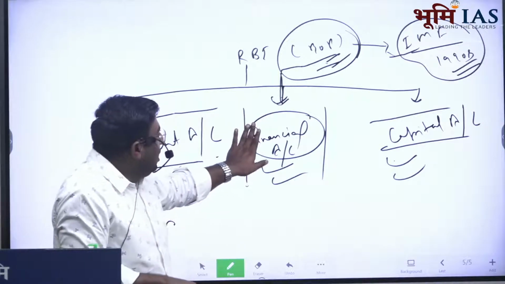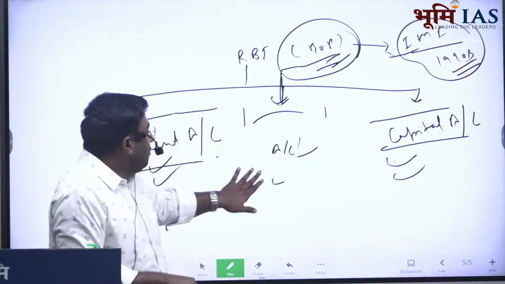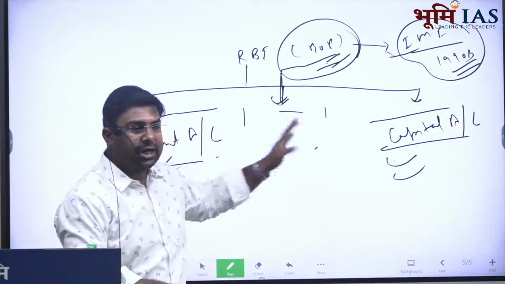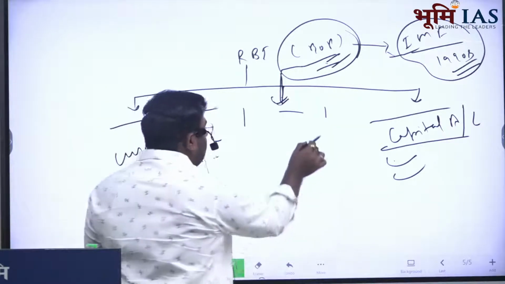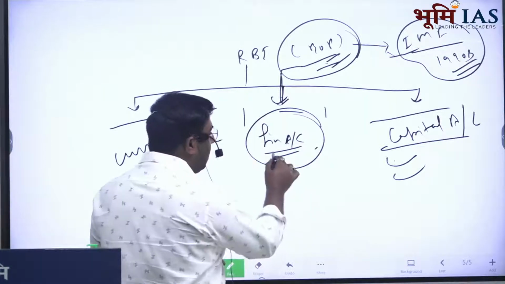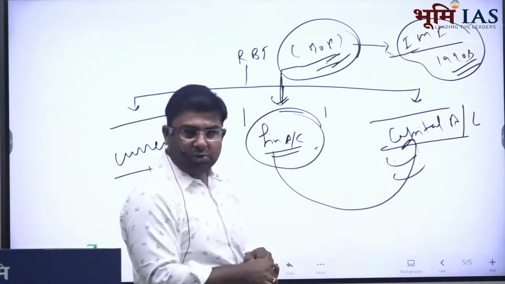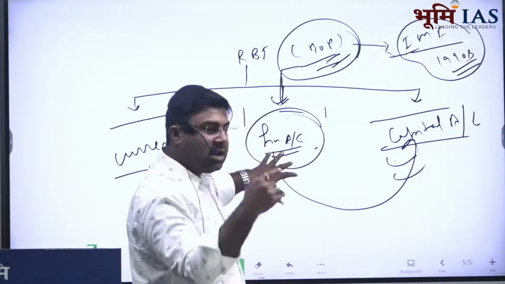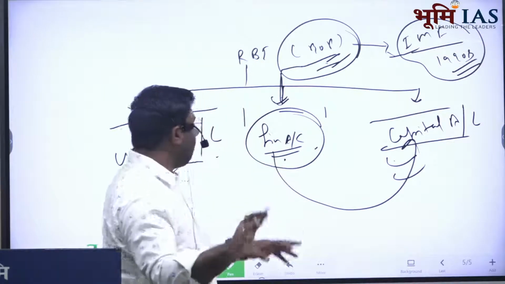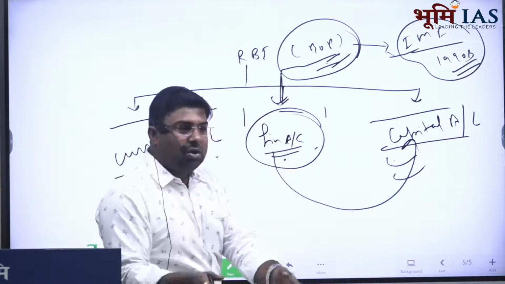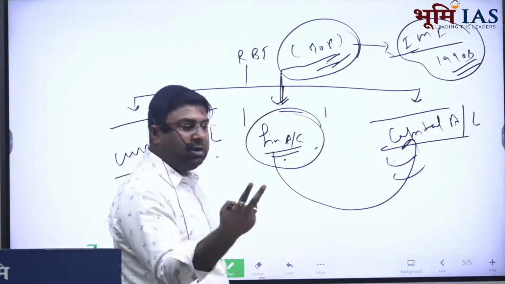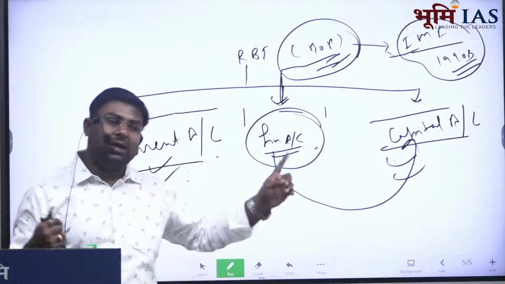RBI did not follow the provision of third categorization. Rather, how many categorizations? Two categorizations. Fine. The transactions of the financial account were placed by RBI under which account? Capital account. Fine. I will shortly mention which type of transactions shall have their place in this account. But as of now, I want to clarify that as far as the Indian economy is concerned, India's balance of payment framework has two broader categorizations: current account and capital account.